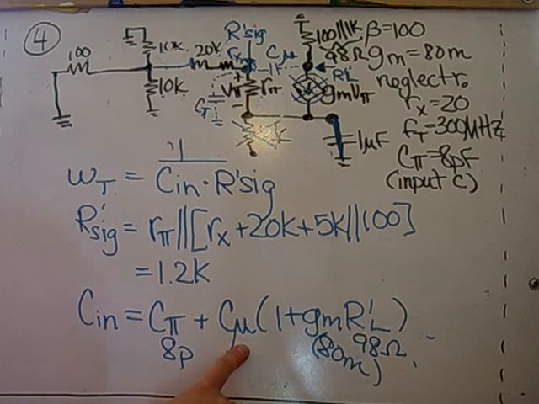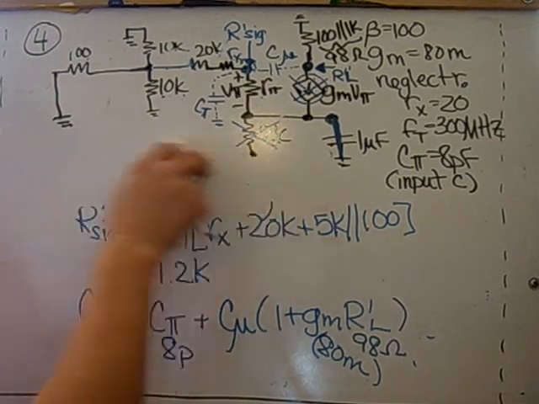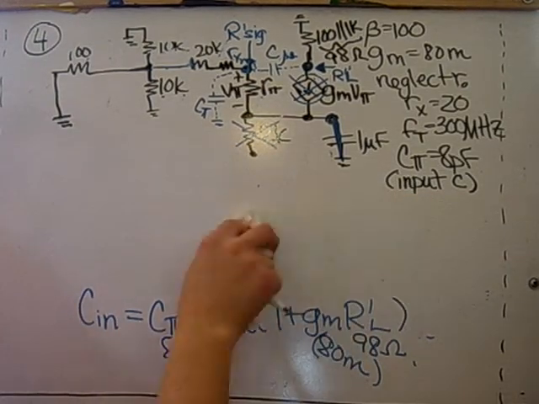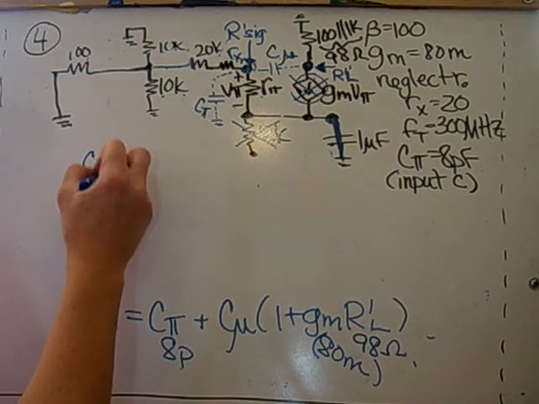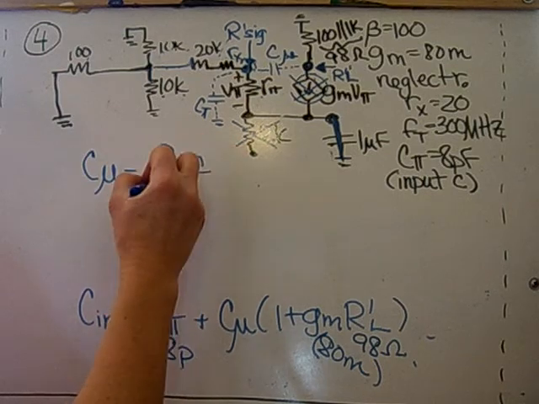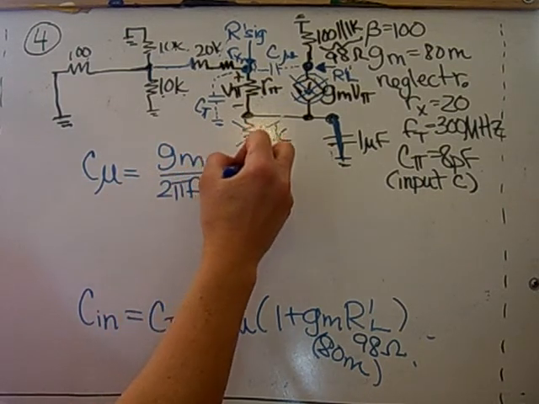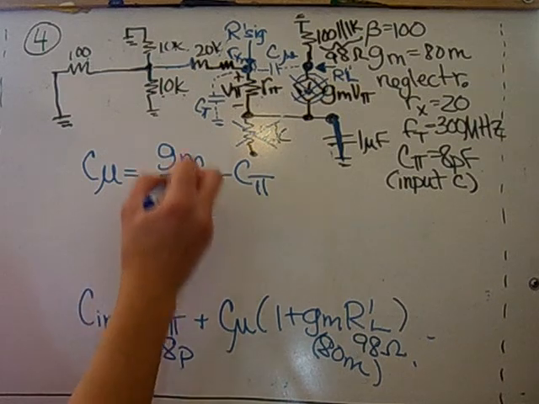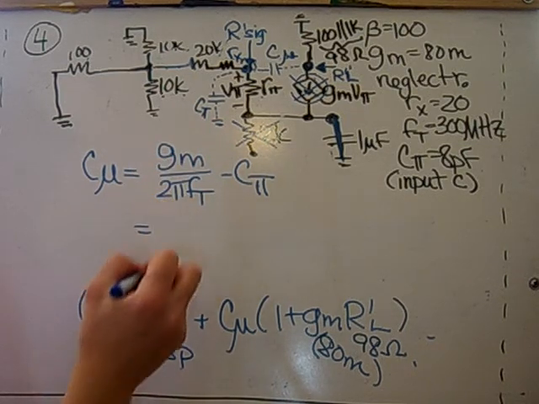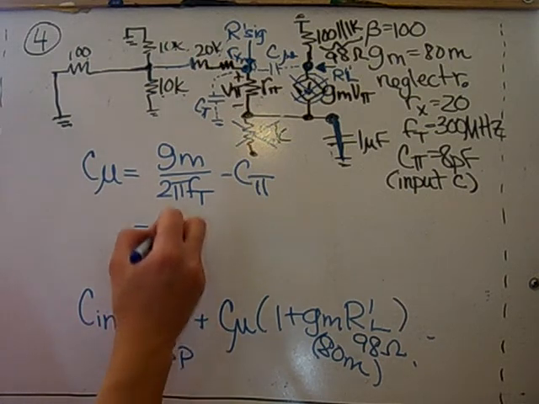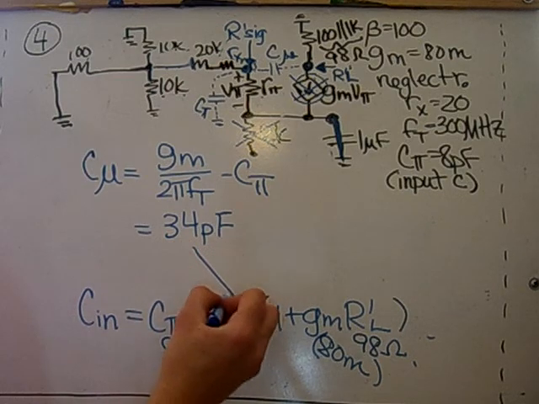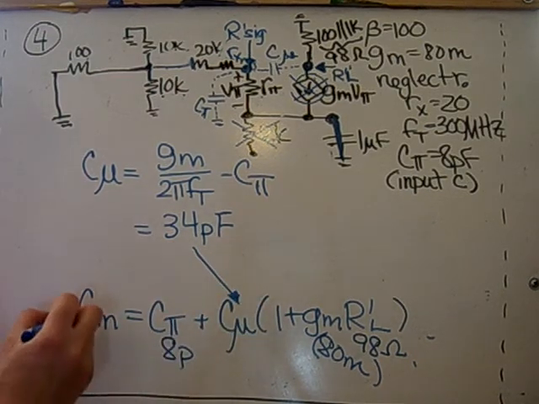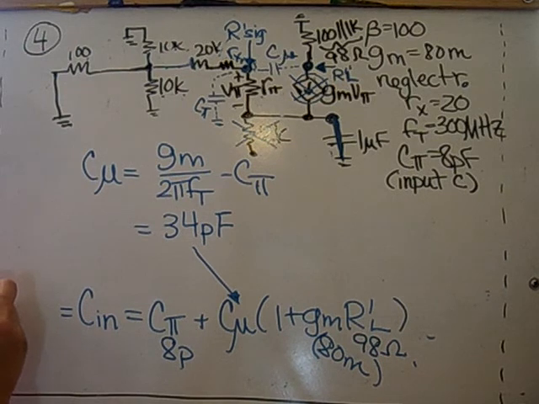And now C mu needs to be derived. So C mu is related to the unity gain frequency as GM over 2 pi f t, minus C pi. Plugging in these values gives a value for C mu of 34 picofarad. So plugging that in here gives the Cn value of 289 pico.